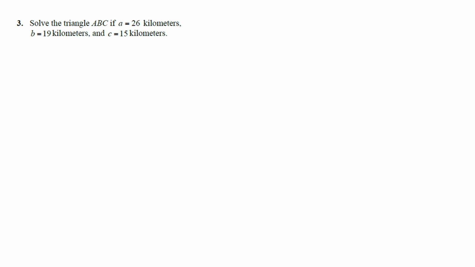All right, for triangle ABC, we need to solve the missing pieces if length A is 26 kilometers, length B is 19 kilometers, and length C is 15 kilometers. So let's first draw our triangle.